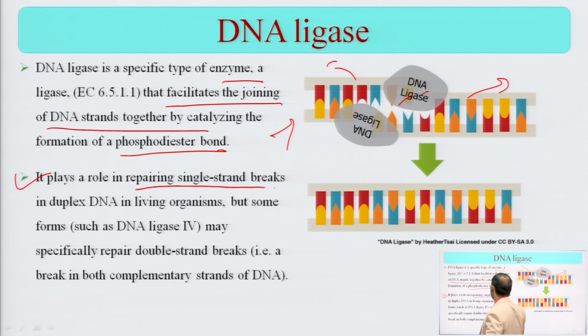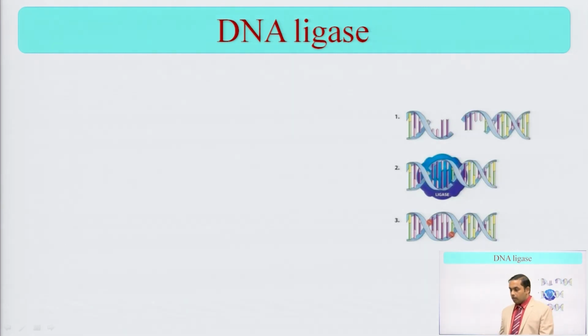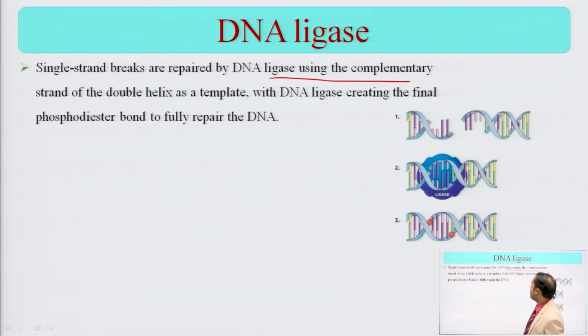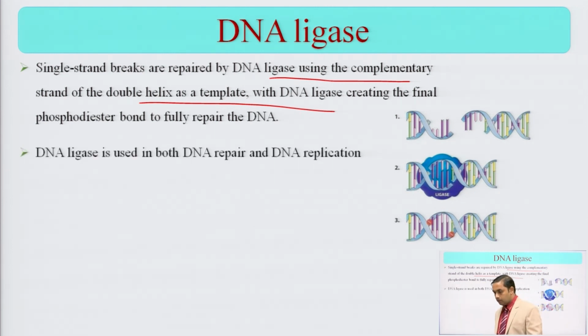It plays an important role in repairing single strand breaks in duplex DNA in living systems. Some forms of DNA ligase may also specialize in repairing double strand breaks. You can see in the picture, a single strand break repaired by the DNA ligase using the complementary strand of the double helix. DNA ligase is used both in DNA repair and DNA replication.